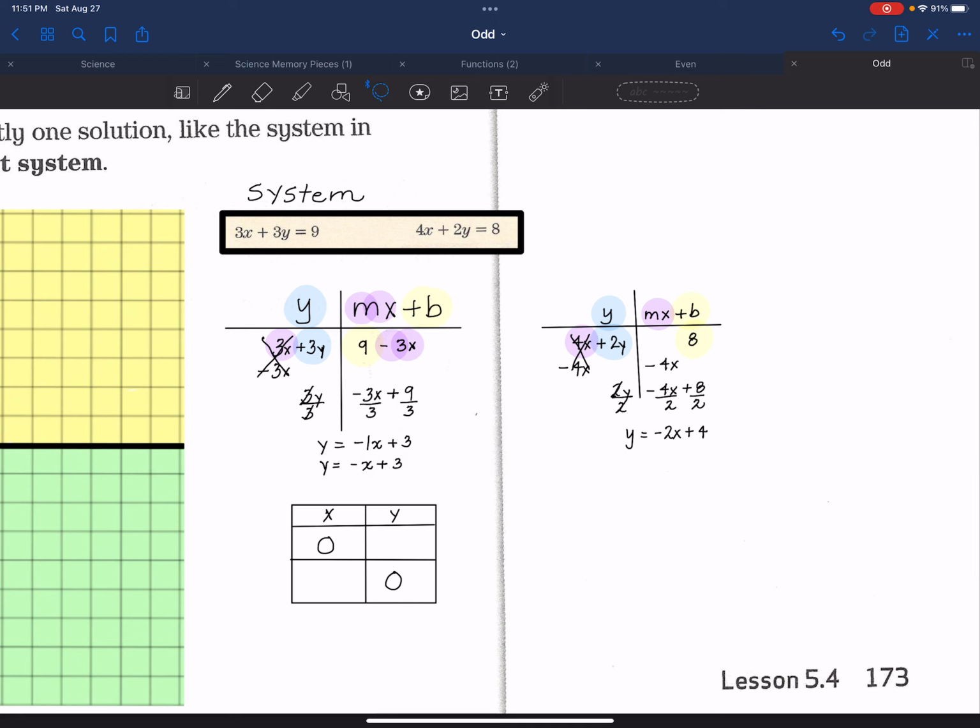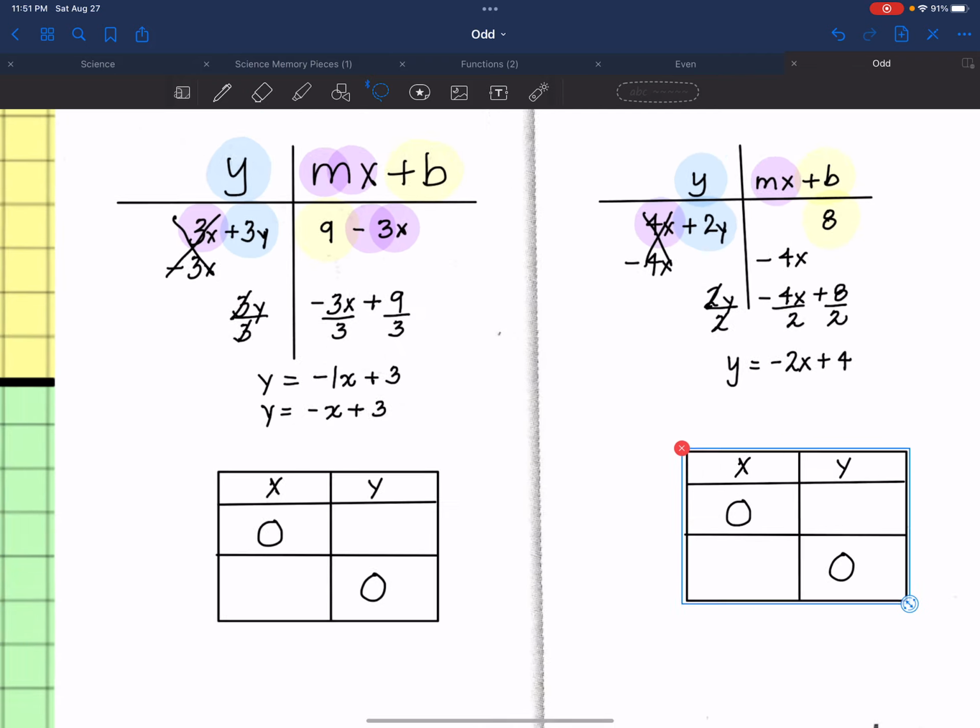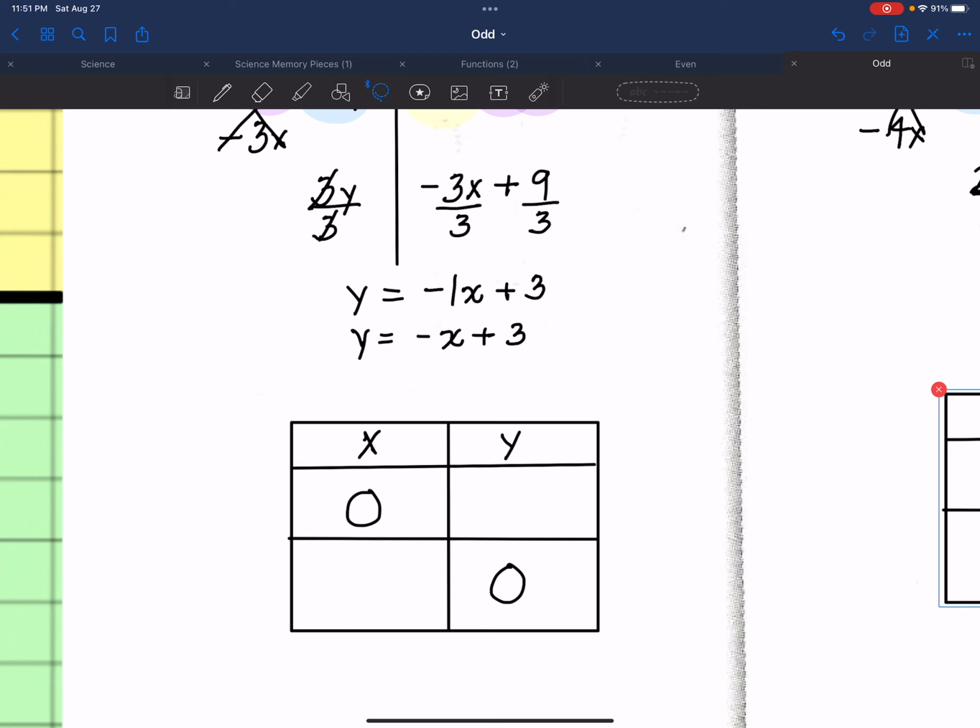Let me copy that. I won't have to draw it again. We'll do it over here in just a minute. So right here, I'm going to use the intercepts to make my coordinates. So I'll say y equals negative x plus 3. So in this case, y equals negative 0 plus 3. So y equals plus 3.